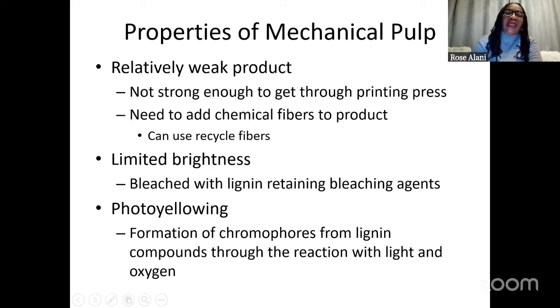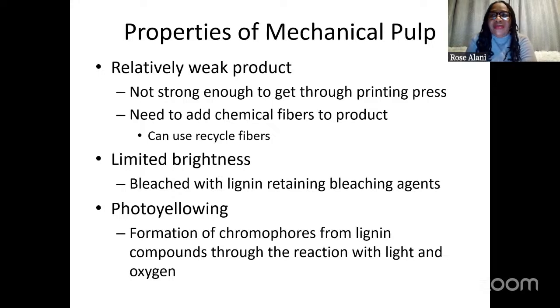So it's a relatively weak product, not strong enough to get through the printing press. It needs to add chemical fibers to the product so that it can give it a little more strength. And I think in this lecture, you will see the different papers that are made from mechanical pulp, and then you'll be able to understand what we mean by the product is weak.